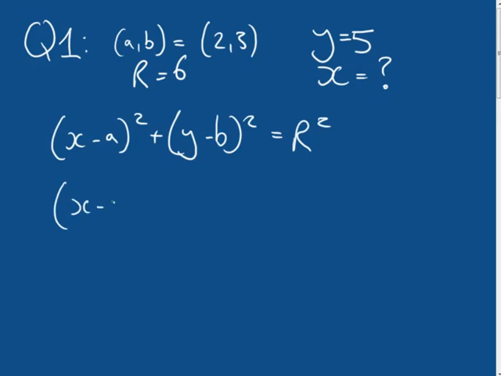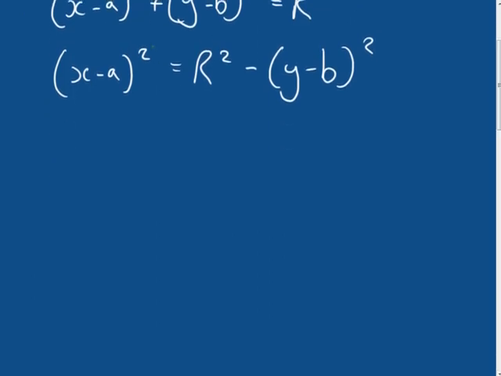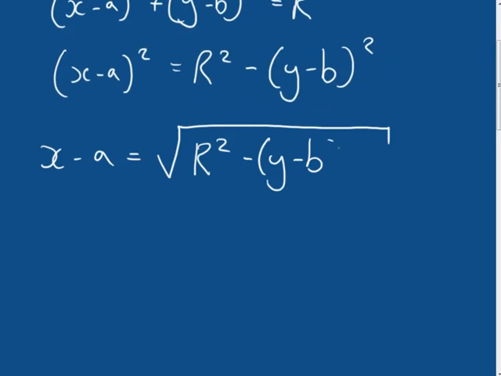So (x minus a) squared, let's subtract to cancel that addition, is equal to r squared minus (y minus b) squared. So I've moved this over to the other side of the equation. Fantastic. Next up, let's get rid of this square on the brackets. So x minus a is equal to the square root of r squared minus (y minus b) squared.